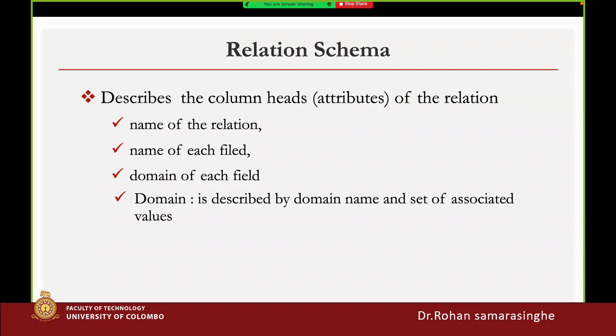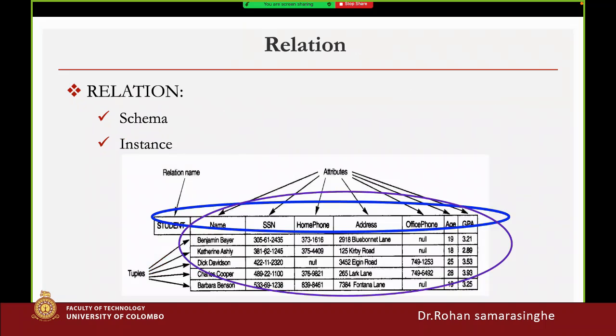When you do the practicals, for example for GPA, you can set the domain value. GPA maximum is 4, minimum is 0. If someone enters more than 4, an error message will be given that it is out of the domain range.